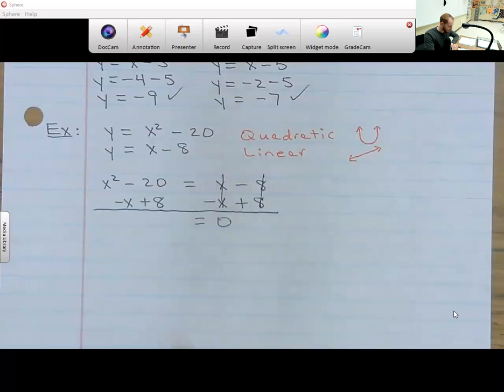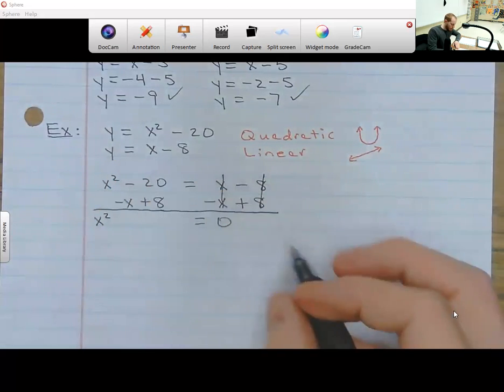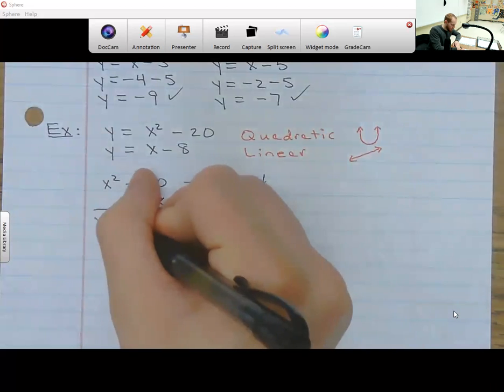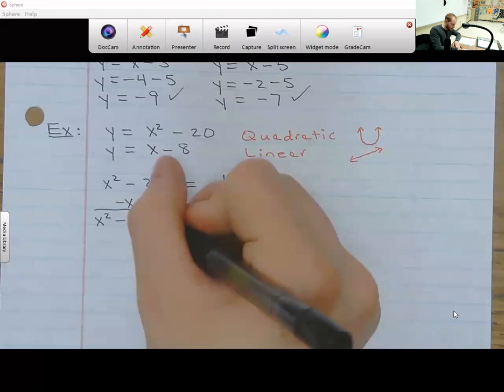On the other side, I'm going to have x squared. I don't have an x term to match x terms up, so the negative x is just going to come down. And let's see, the negative 20 plus 8 is going to be negative 12.